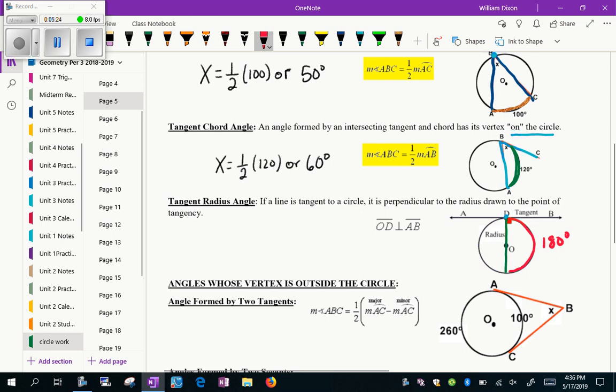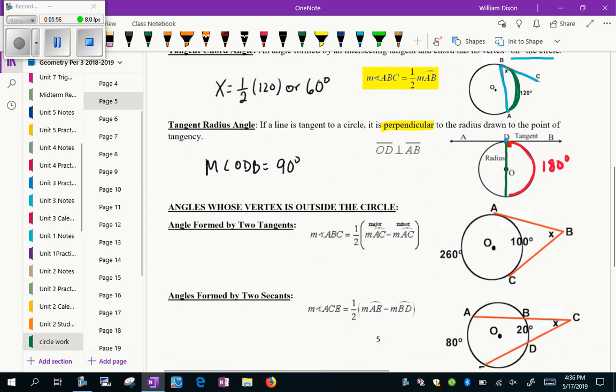So the measure of angle ODB is going to be half, or ODB is going to equal 90 degrees. Okay, 90, well, it's telling you that it's perpendicular, so that should be a big hint that the measure of that angle is going to be 90 degrees. And that's just proof that it is.